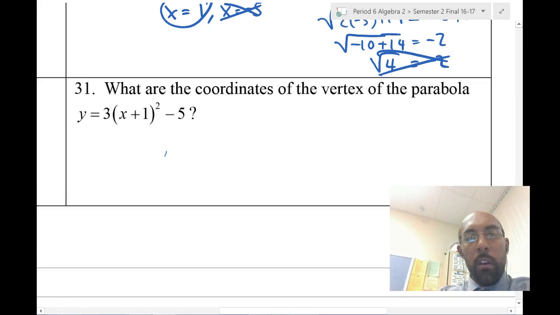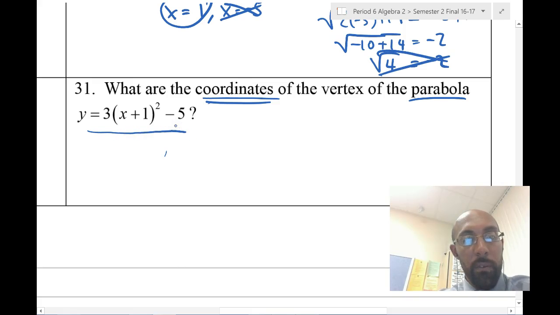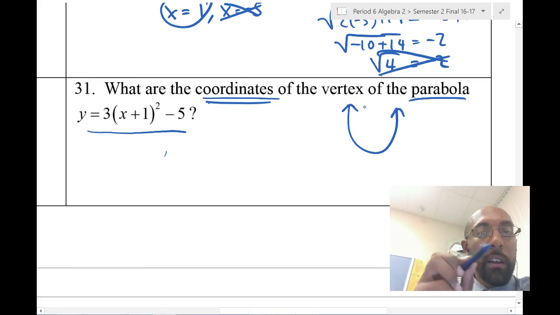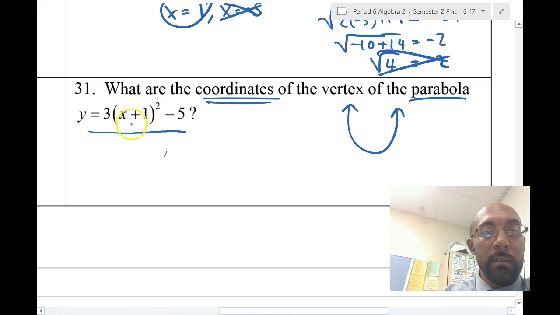What are the coordinates of the vertex of the parabola of this equation? If you remember, this is called vertex form of a quadratic, of the parabola. Remember, parabolas are U's like this. In vertex form, it actually blatantly shows us the vertex right there. That's why it's called vertex form.